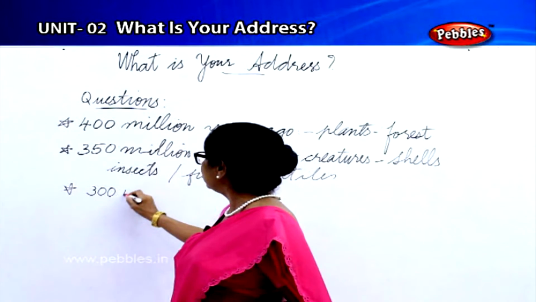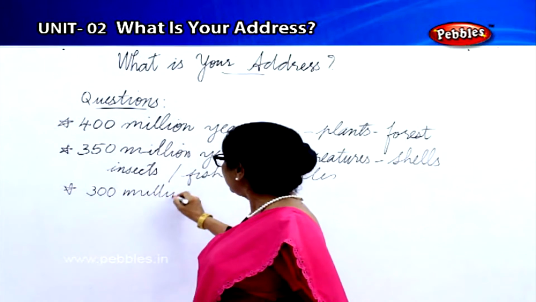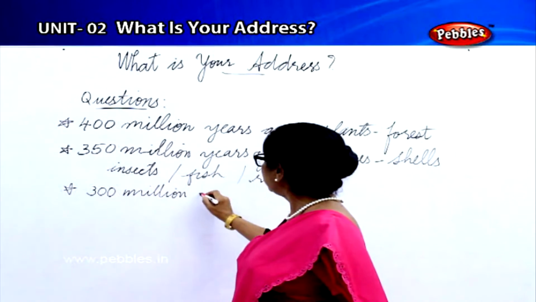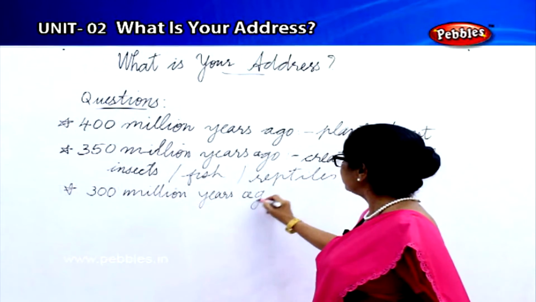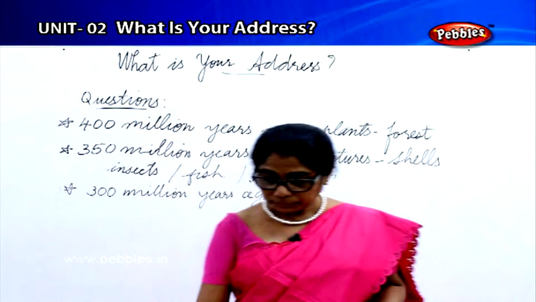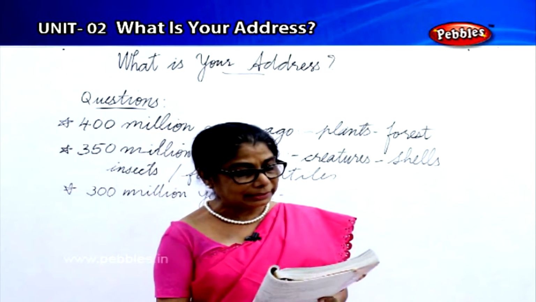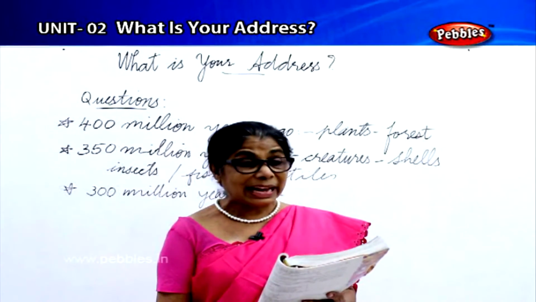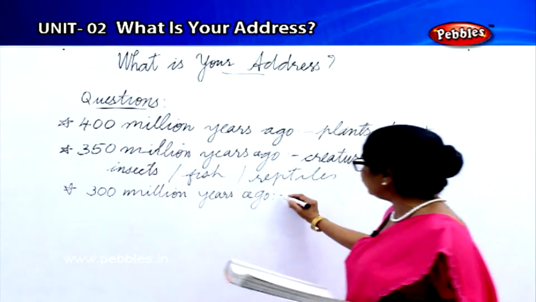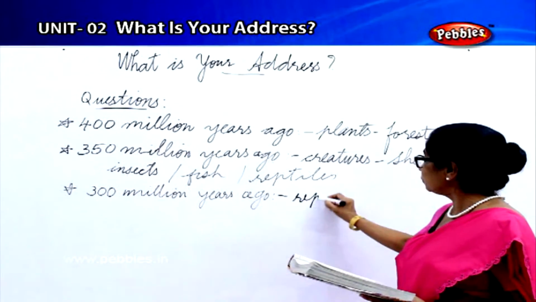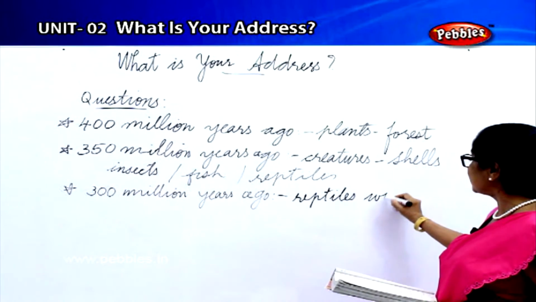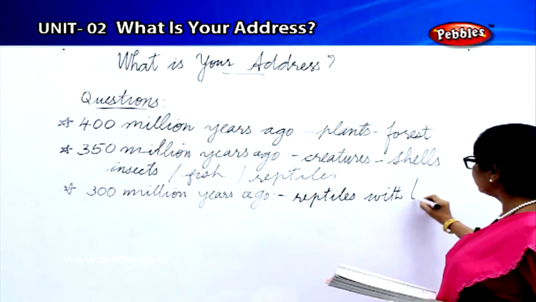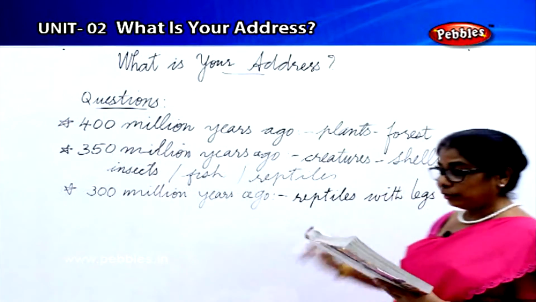Then what else? Next one, 300 million years ago. What happened here now? Look at the text and tell. Reptiles with legs. What evolved? Reptiles with legs evolved.